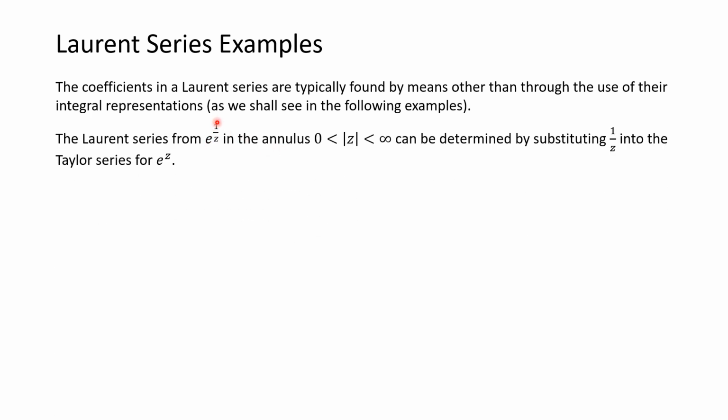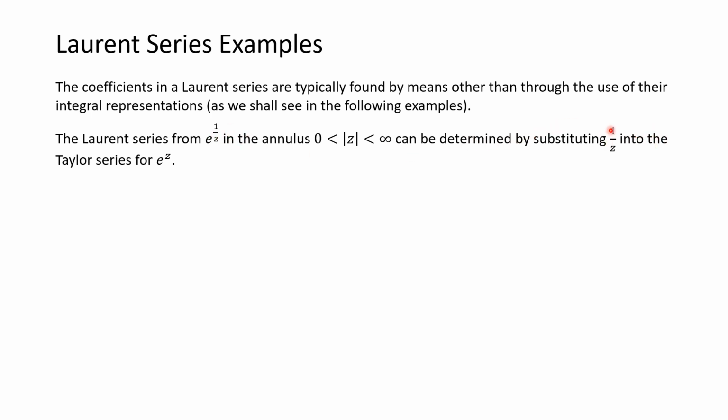We have e to the 1 over z, and we'll look at that. Notice when you have z equals 0, this blows up. So our annulus here is the modulus of z greater than 0 and less than infinity. So we just have that one sore point where we can't take a Taylor series.